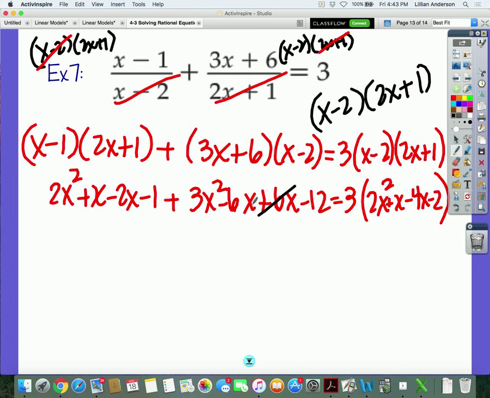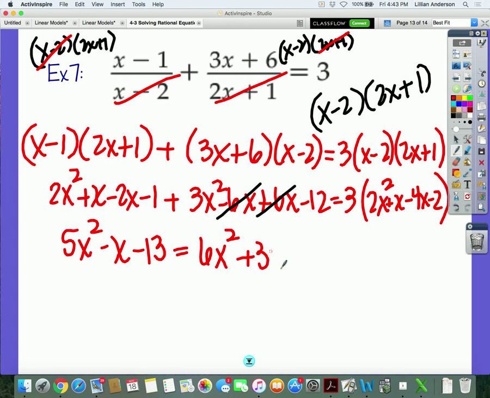Got some stuff that cancels out. Combine like terms, I got 5x squared, negative x, minus 13. Distribute that over. Oh, just combine like terms, huh? It's going to give me a negative 3x, so when I multiply by 3, it's going to give me a negative 9x, minus 6.